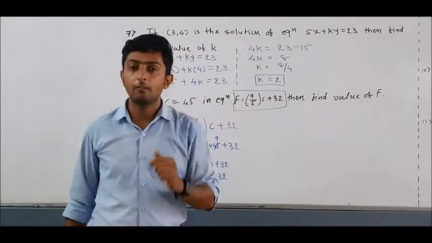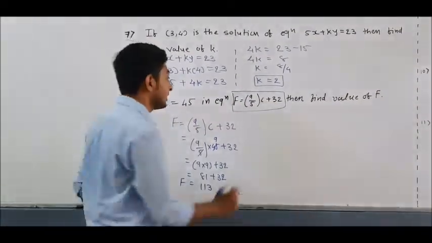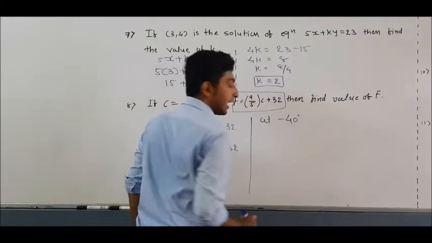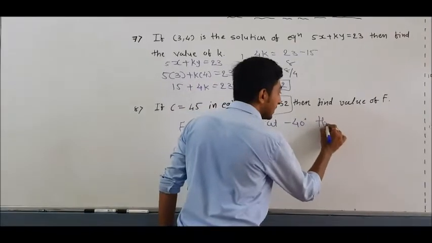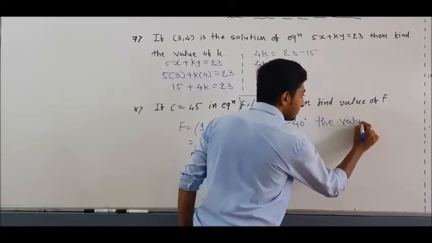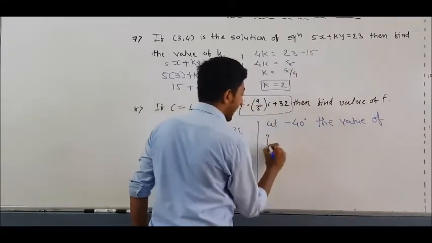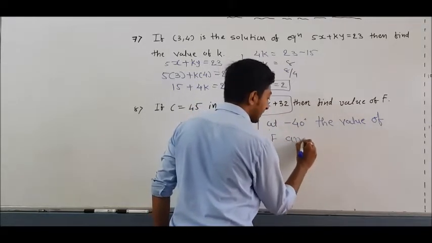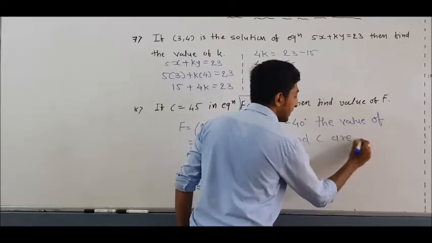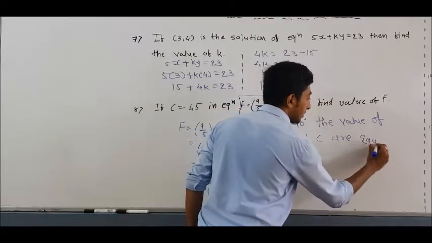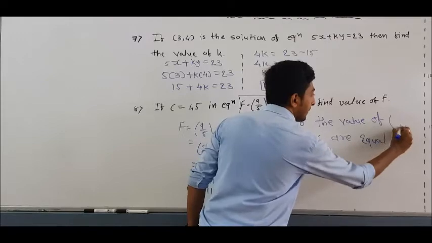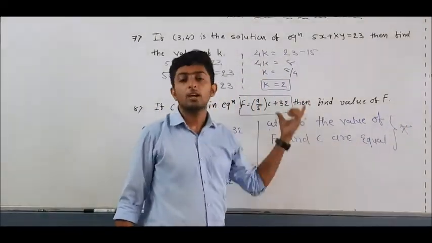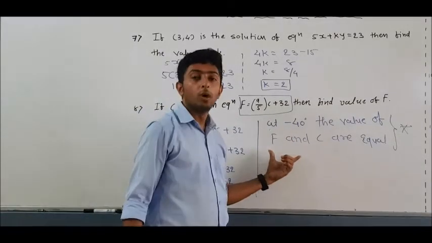Now here I will discuss a most important question, that is when the value of F and the value of C are equal. Friends, this is a most important question. At minus 40, the value of F and C are equal. This can be asked in a multiple choice question, a true false question, or a one word question.